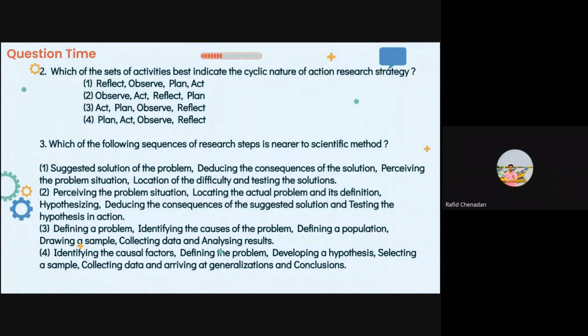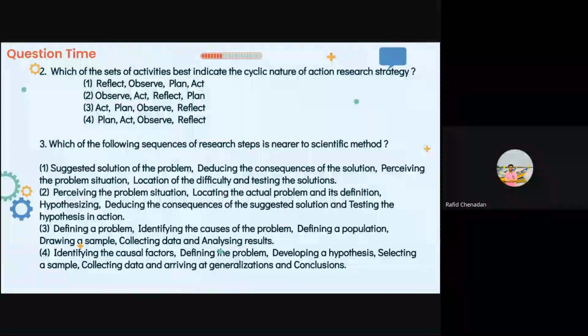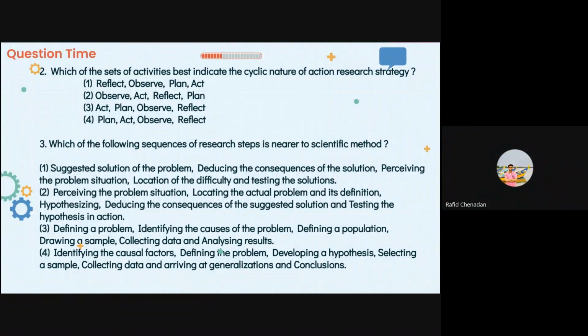So basically what you do when it comes to research is you plan, you act, okay? For example, suppose you're trying to study the growth of a bacteria in a lab setup. First you have to plan how to study the growth of the bacteria. Then you have to act.